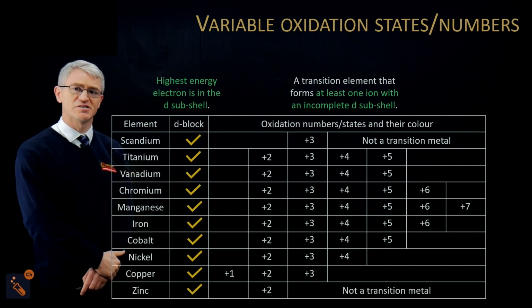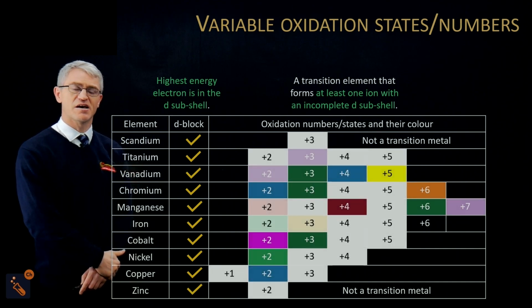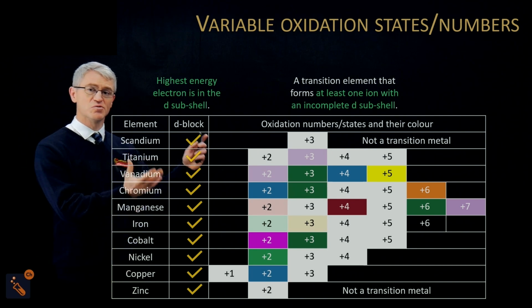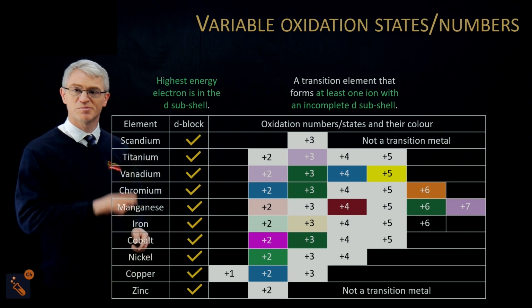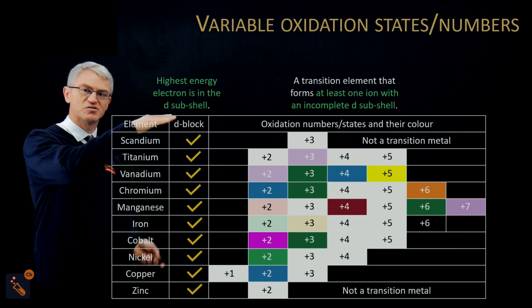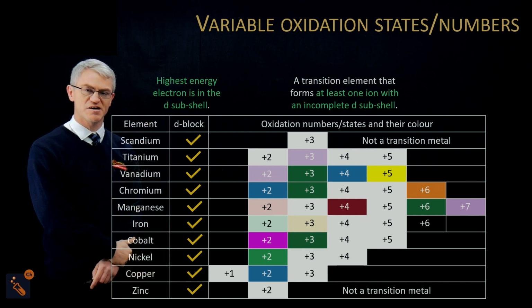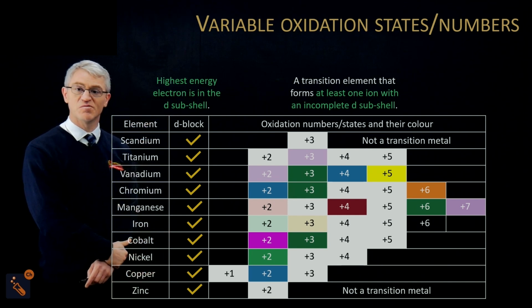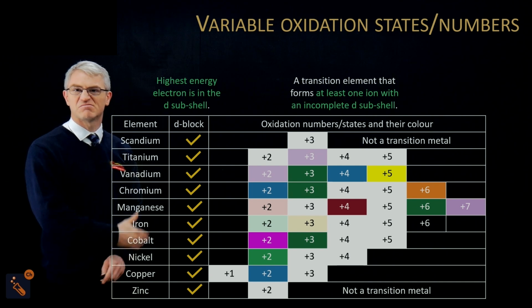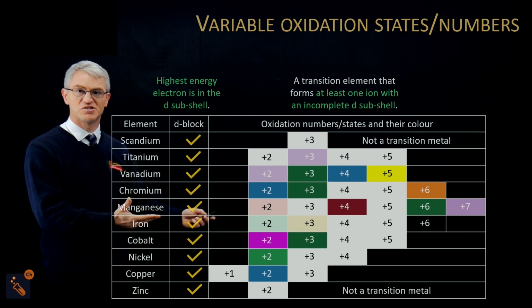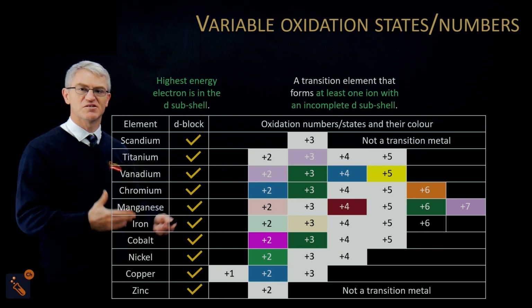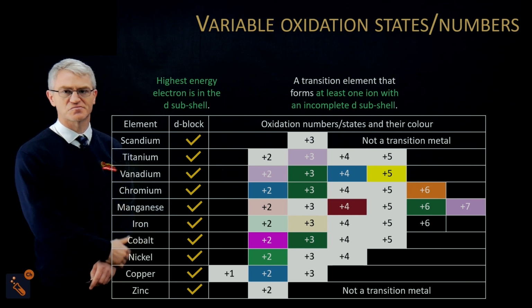But now let's go through the transition elements, which ones are and are not. So we've got all the colours here. You could pause this, but don't worry, don't do it at this moment because you don't need to remember all of these colours. If you've got it in white, those are generally ones you don't really look at, and when they dissolve in solution, they tend to be colourless.